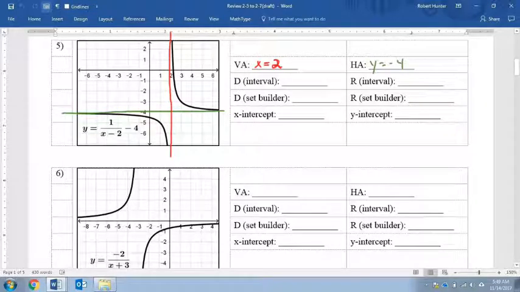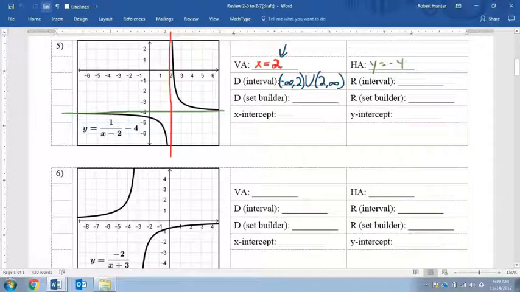Alright? And I put those there because your domain and range go straight off of your vertical and horizontal asymptotes. You've got to use those. So your domain, remember, is all real numbers except for that asymptote. So the way we write that for an interval is -infinity to 2 with the parentheses, and then we use the union to infinity.